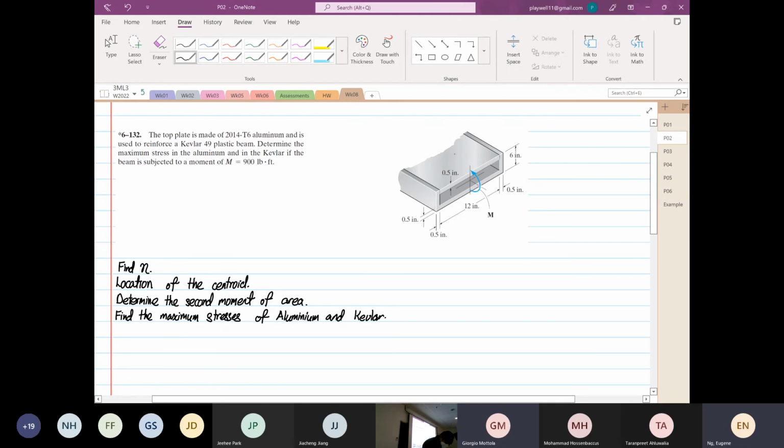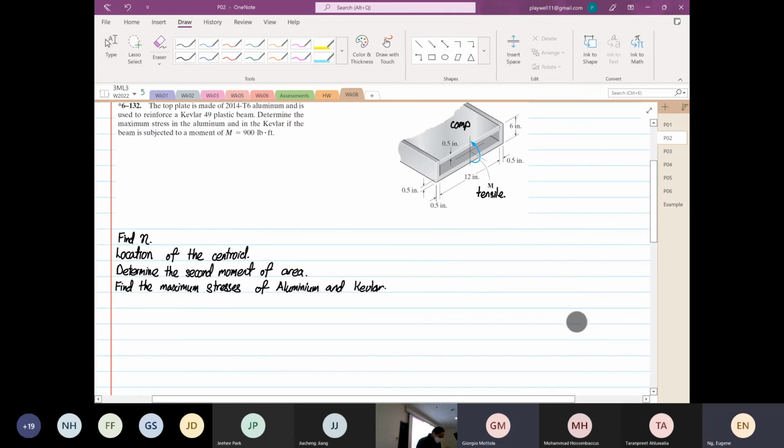We know above the centroid will be compression. Below the centroid will be tensile.